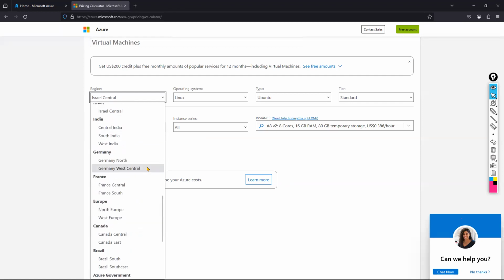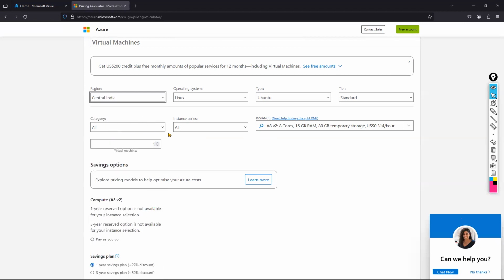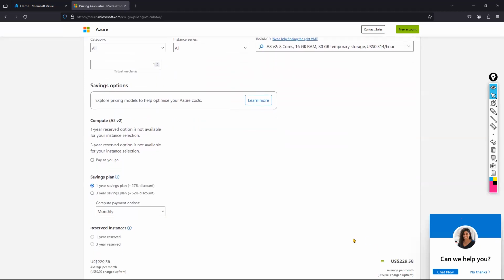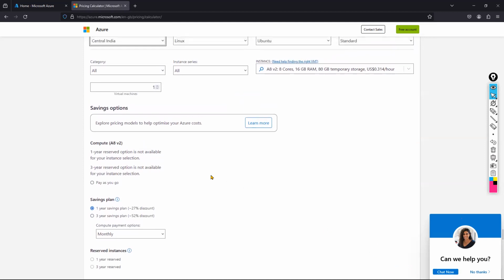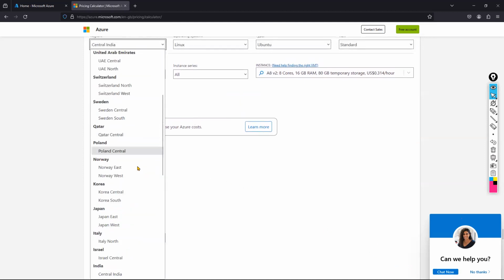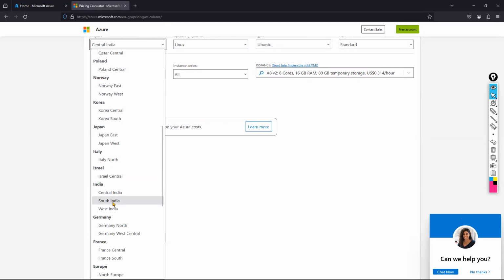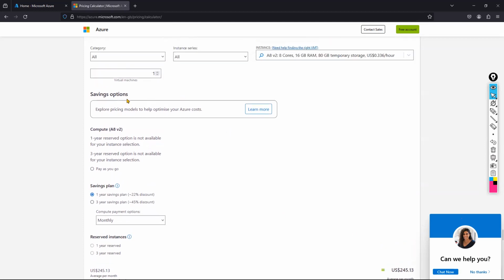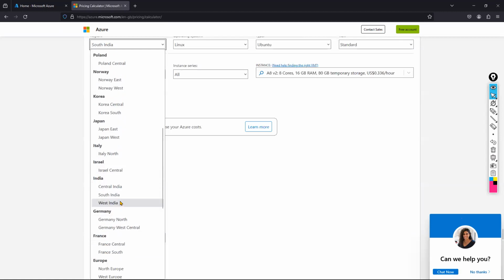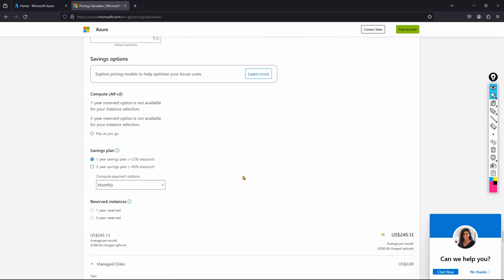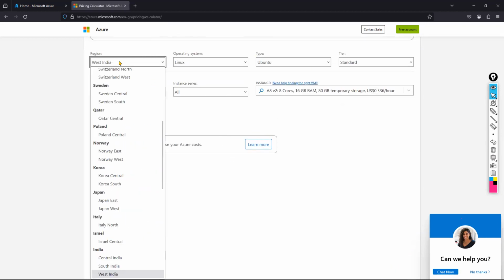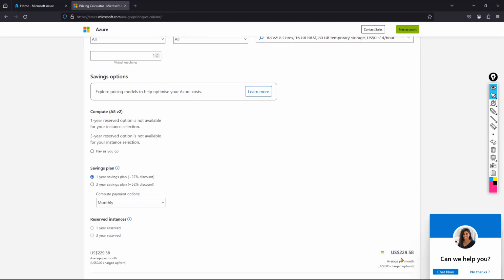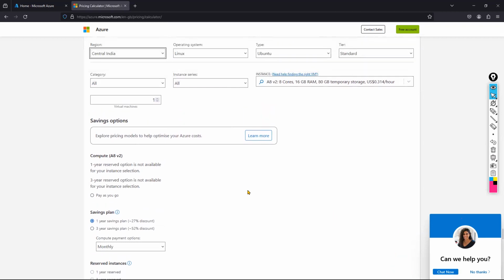South India and West India are the same, but Central India is 229. Central India is less cost, while South India and West India cost a little bit more. So accordingly we can select.